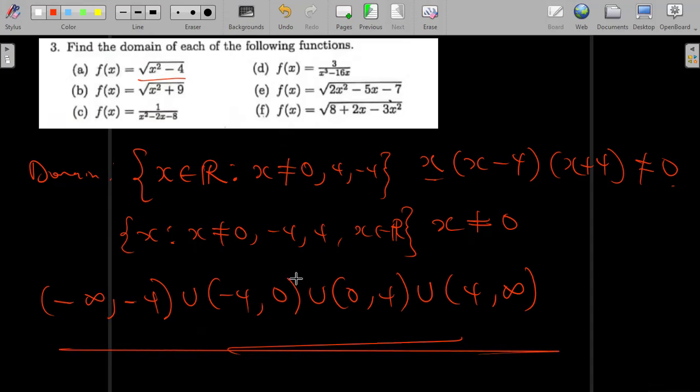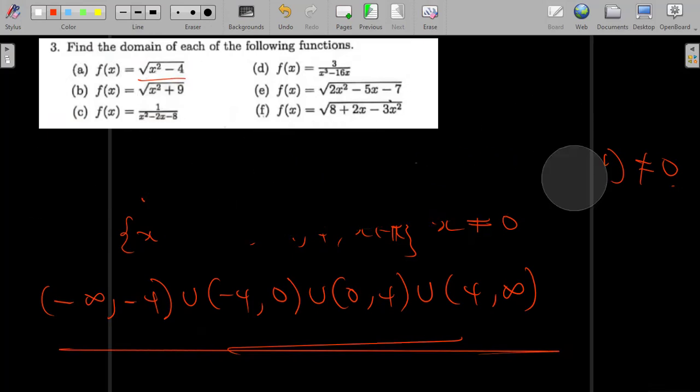And lastly, we can look at a case like the one in question E. Okay, let me erase first.